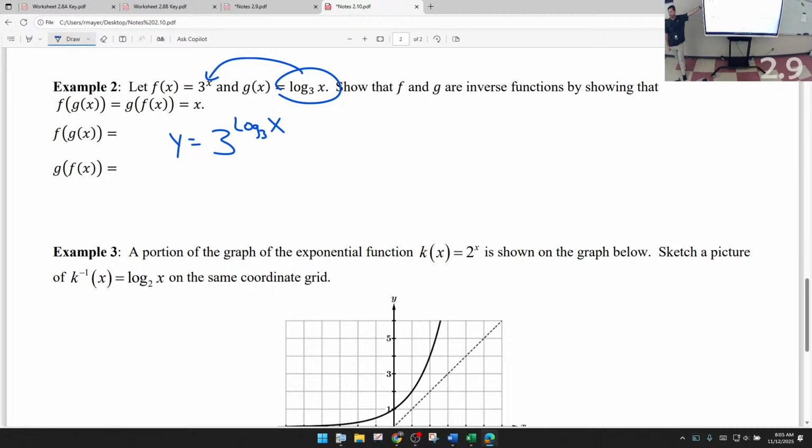How's that written, exponential or logarithmic? It's written exponential, 3 to the. So if it's written exponential, let's rewrite it logarithmic. This is log base 3 of y equals log base 3 of x.